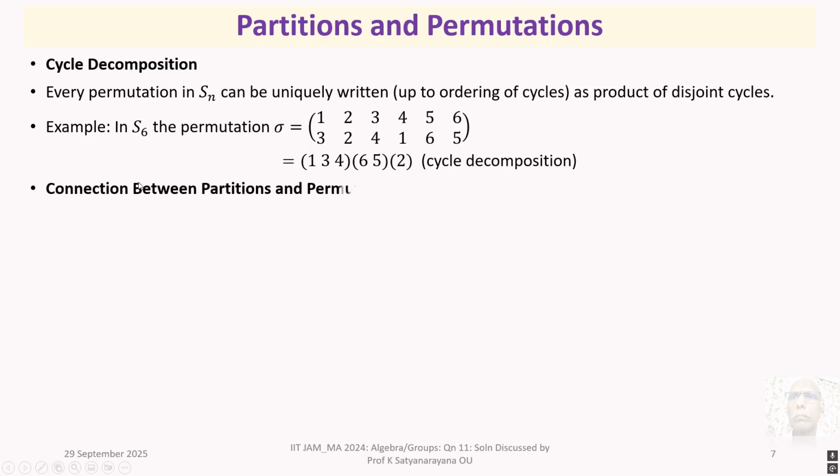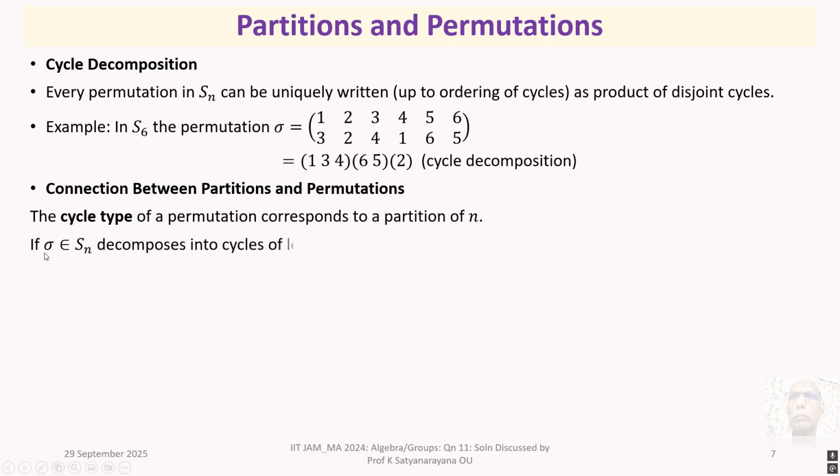What is the connection between the partitions of the natural number n and the permutations of Sn? The cycle type. We define a cycle type of a permutation. The cycle type of a permutation corresponds to a partition of n. Right.